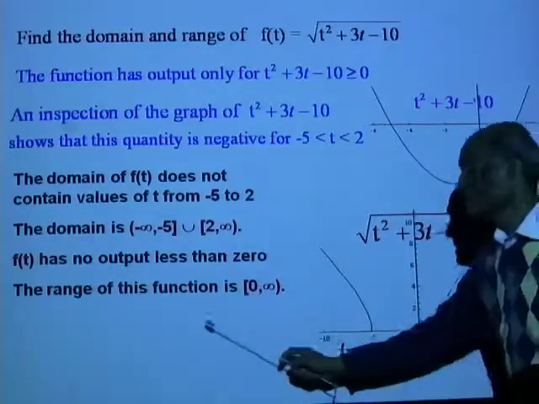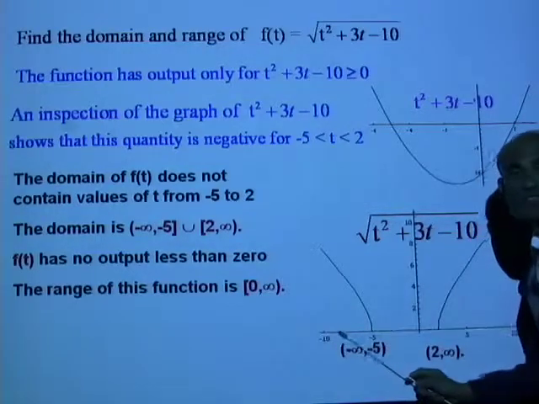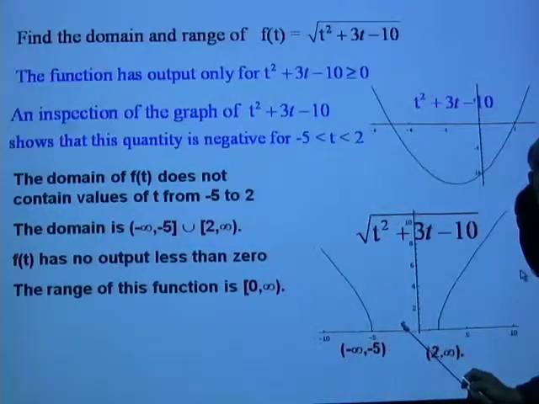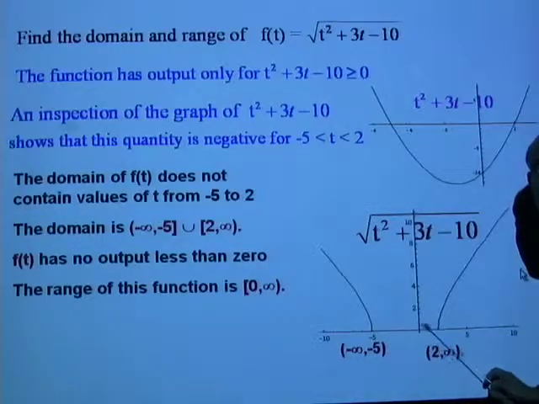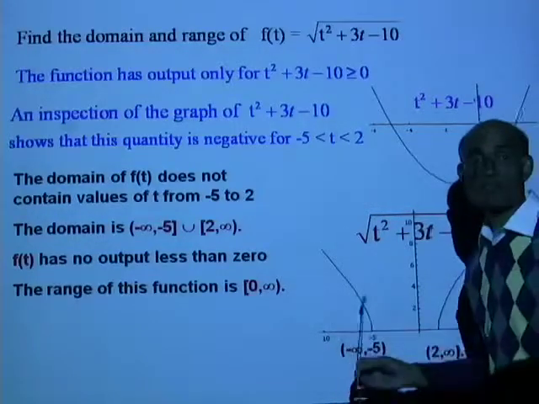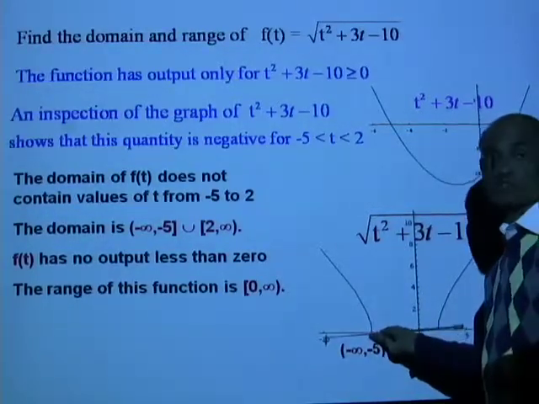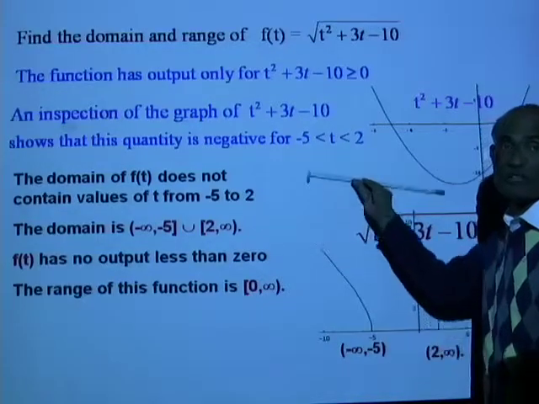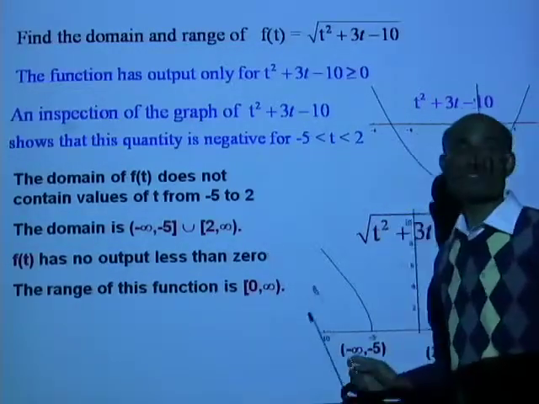So once again, the domain is negative infinity to negative 5, union 2 to infinity. No numbers between negative 5 and 2 are in the domain. And the range can be 0 and anything greater than 0. That is the range of the function.